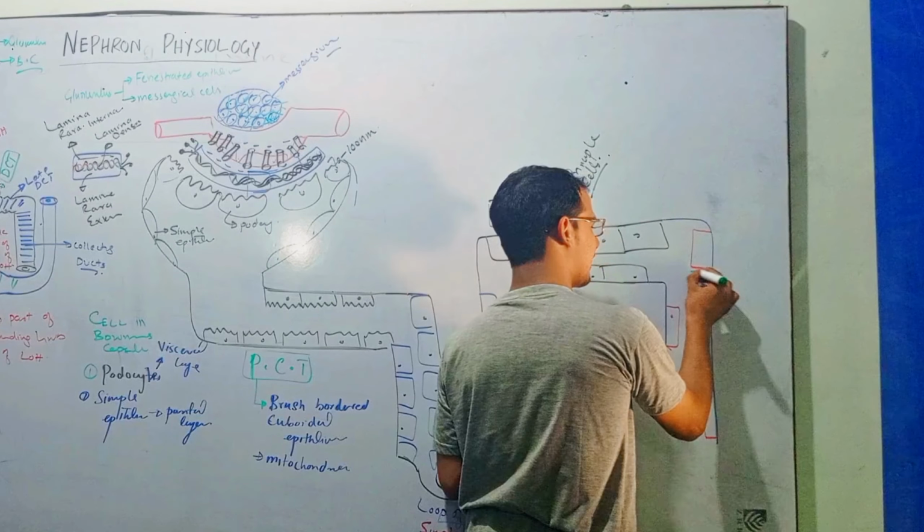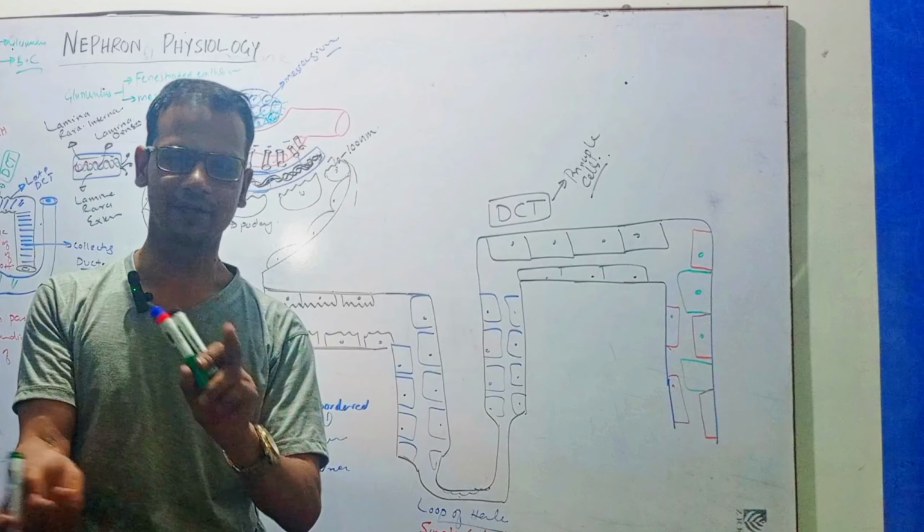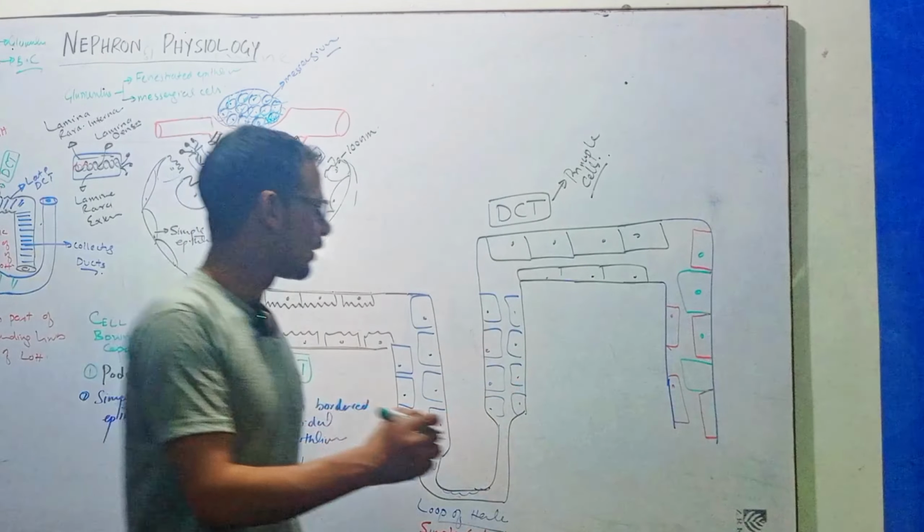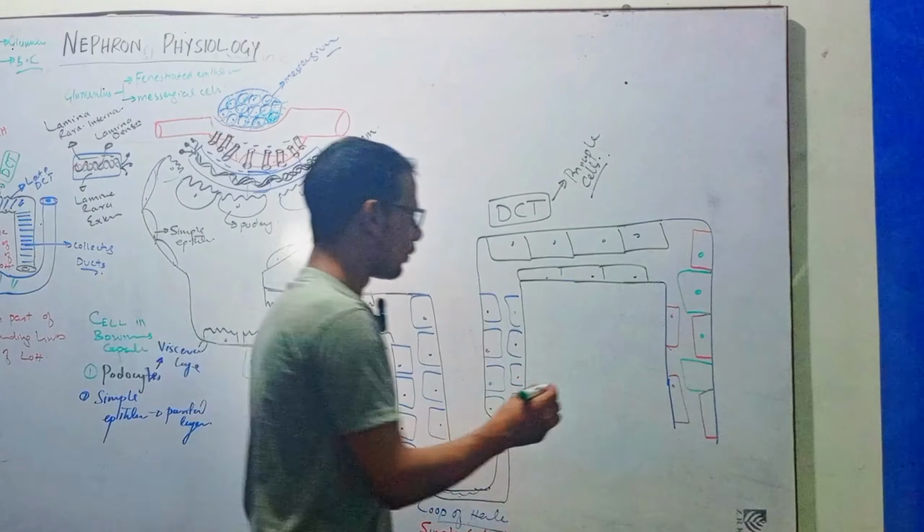If you get an MCQ in your paper that intercalated A and B cells are present in, generally it is present in kidney, and in kidney it is present in nephron, and in nephron it is present in collecting ducts, right? Why is it called intercalated? Because they are intercalated between two principal cells. It is sandwiched by two principal cells.